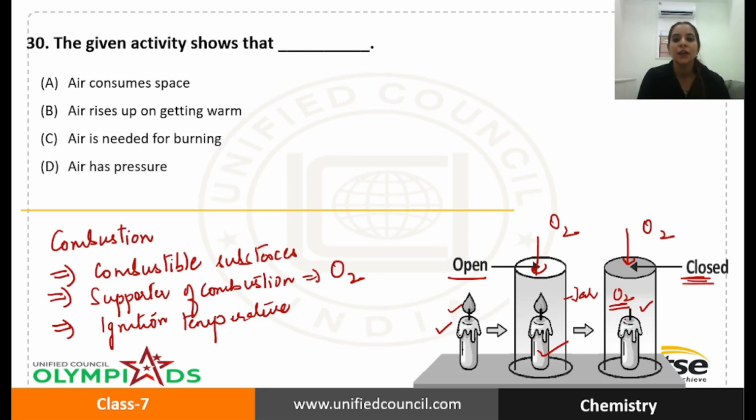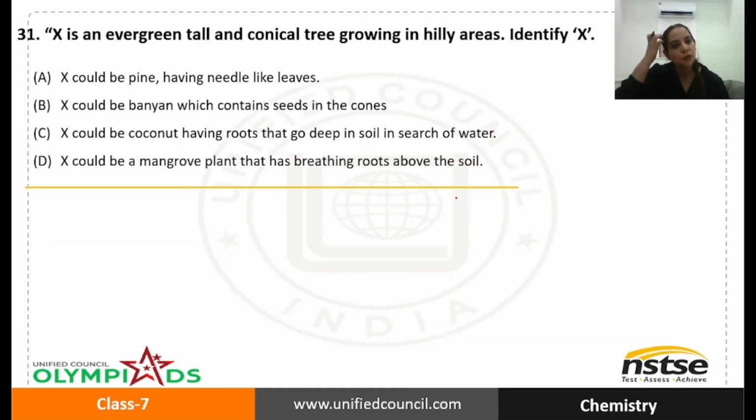So basically this activity shows that air consumes space, no. Air rises up on getting warm, no. Air is needed for burning, yes. Without air you cannot burn things. You need a supporter of combustion, that is air. Air has a pressure, again no. So which option is correct? Option C is correct. Next question.